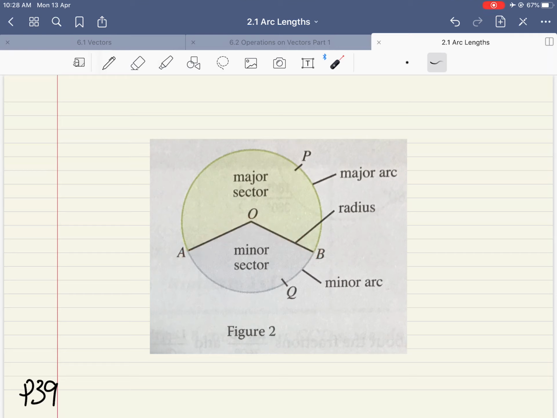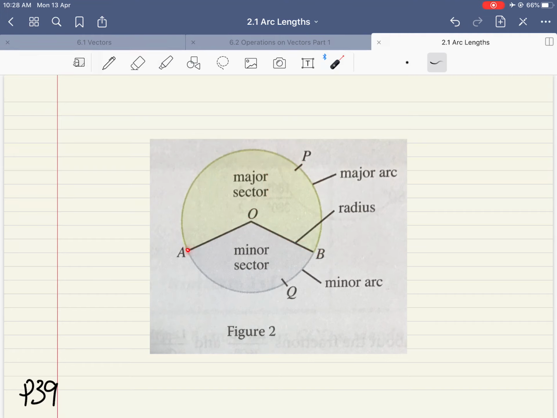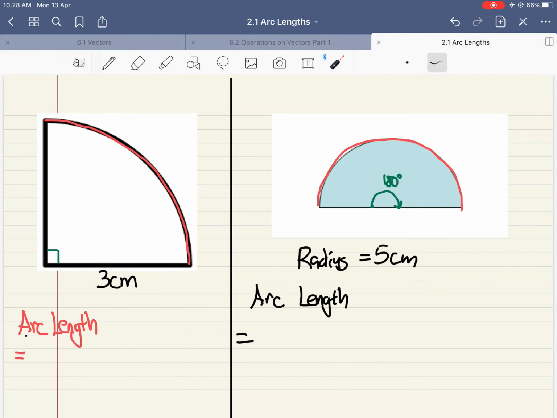The slice that we take out is known as the minor sector, and this arc is known as the minor arc. Similarly, the piece that is left over down here is known as the major sector, and this arc over here is known as the major arc.